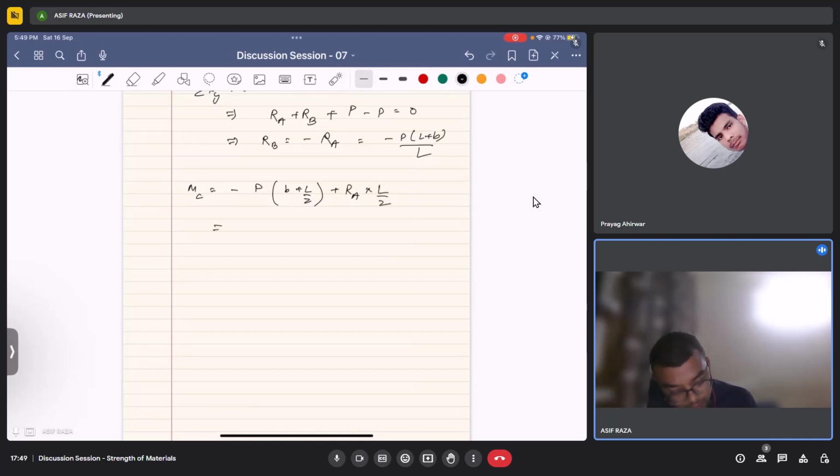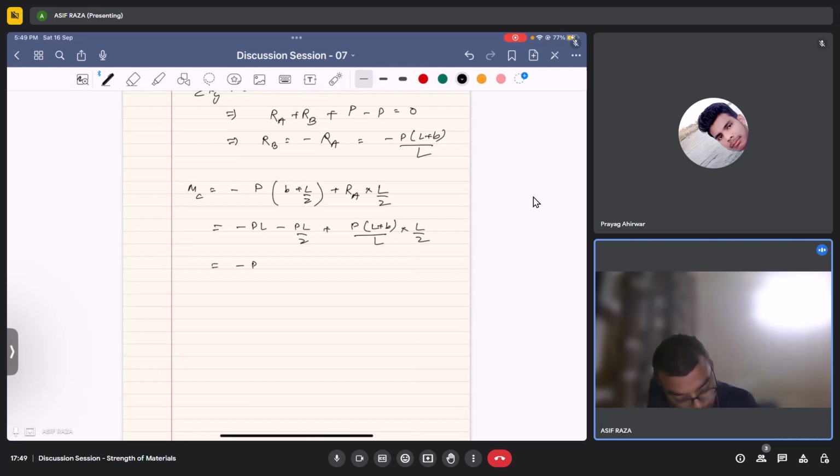Now let's calculate this. PB minus PL by 2. RA is P times L plus B by L into L by 2.